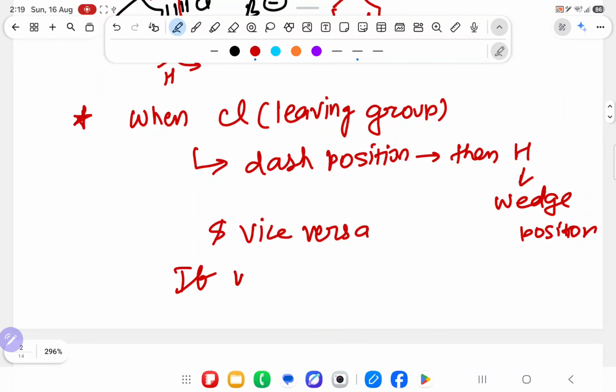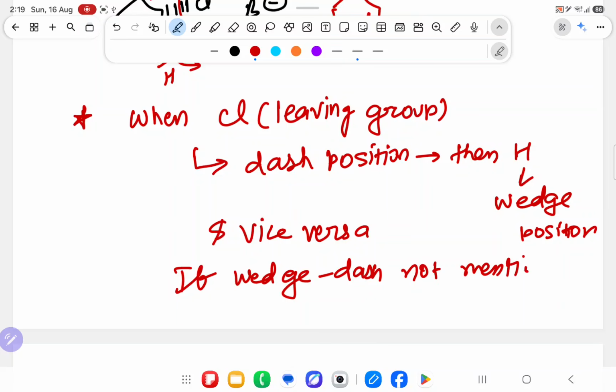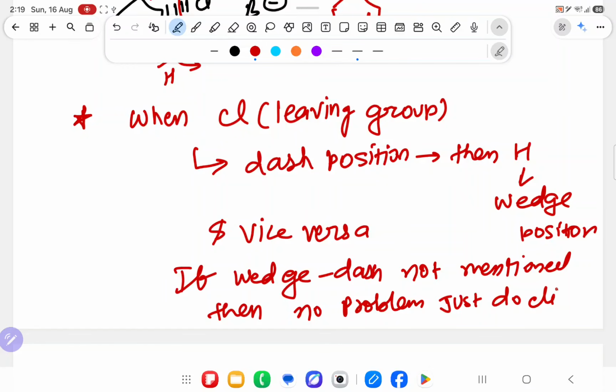If base and dash are not mentioned, then no problem, just do the elimination without seeing it, because they have not mentioned base and dash.